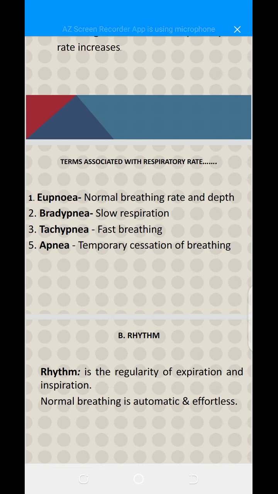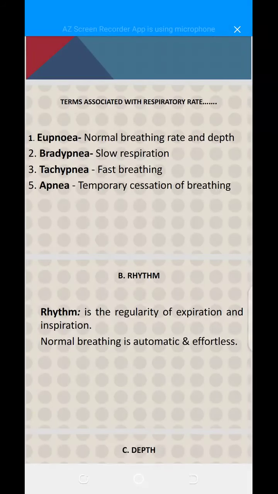Second, we have bradypnea, that is low respiration. When the respiration rate is very low or reduced from the normal rate, we call it bradypnea. Then the third is tachypnea, that is fast breathing. When the respiration is higher than normal, we call it tachypnea.